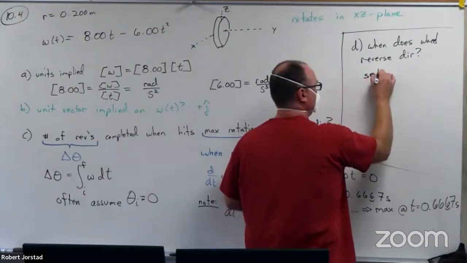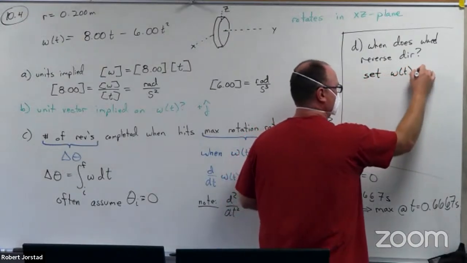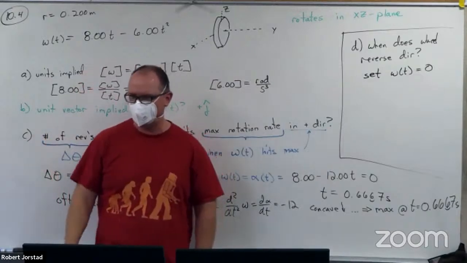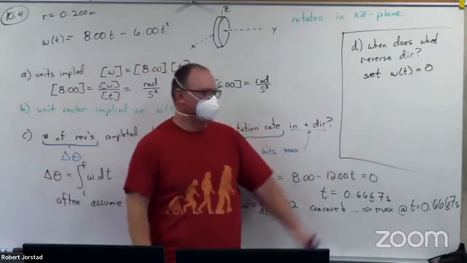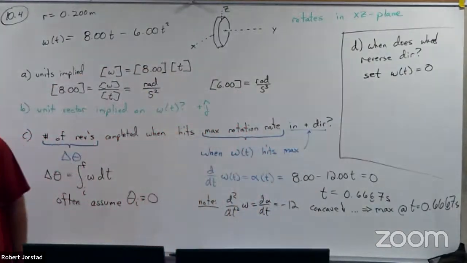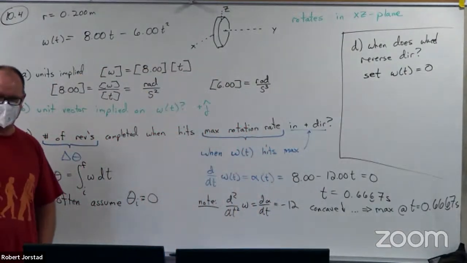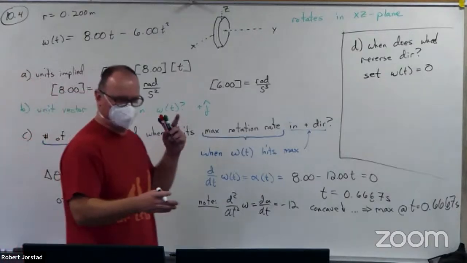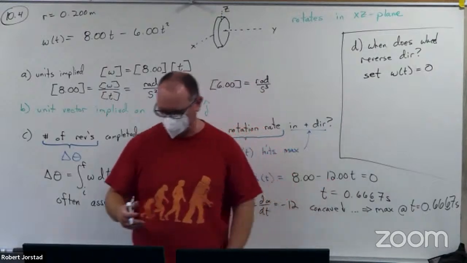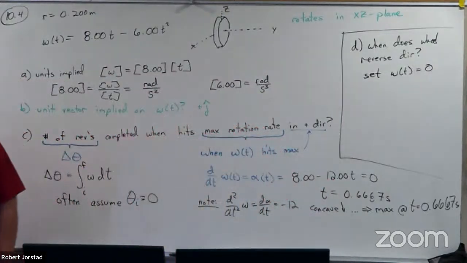Set omega of t to 0, right? Velocity is 0 at max height. That's when you reverse direction. So far, so good. Does that make sense? Whenever velocity is 0, you're transitioning. Usually, I guess it could be an inflection point, but yeah.